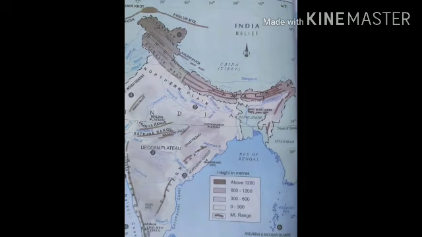It is the most continuous range consisting of high peaks with an average height of 6,000 meters. It contains all prominent Himalayan peaks, means all the major peaks we can find in Greater Himalaya, that is Himadri.